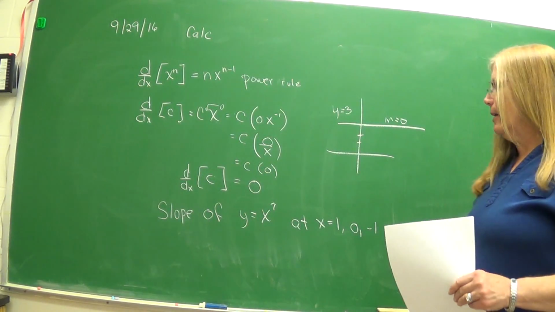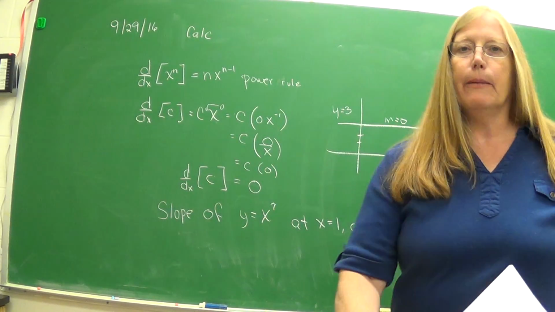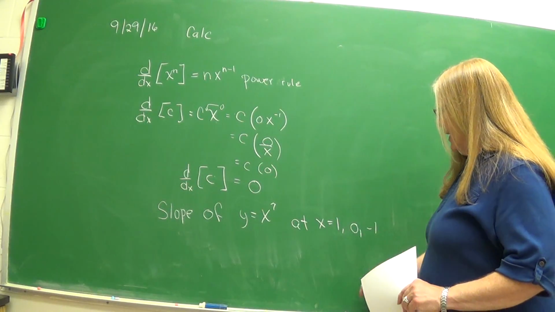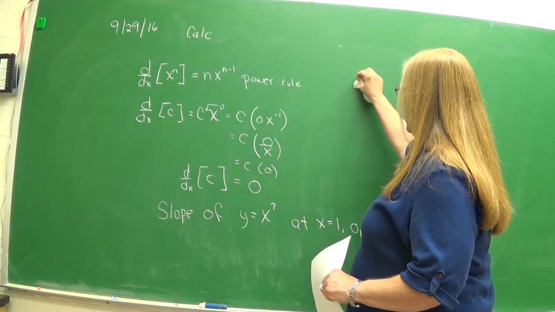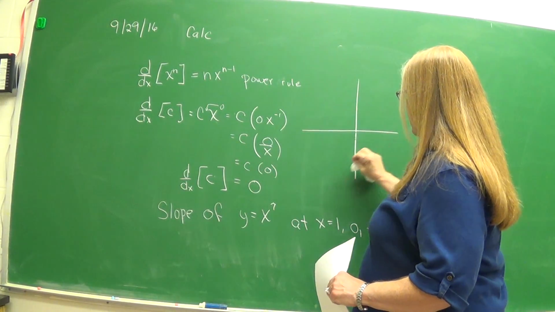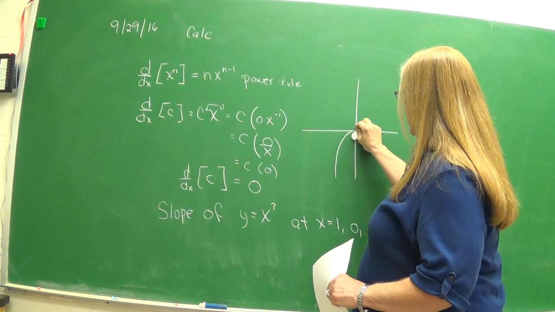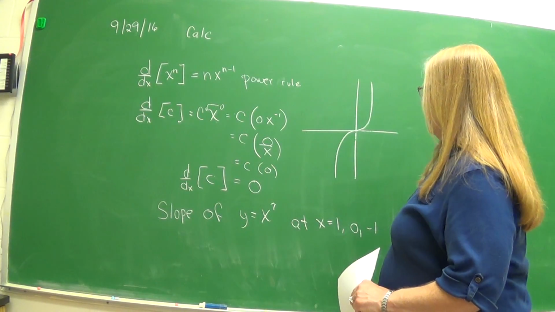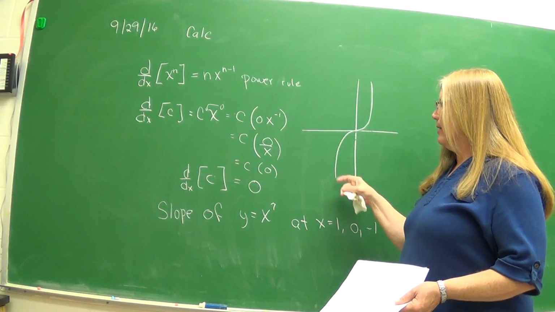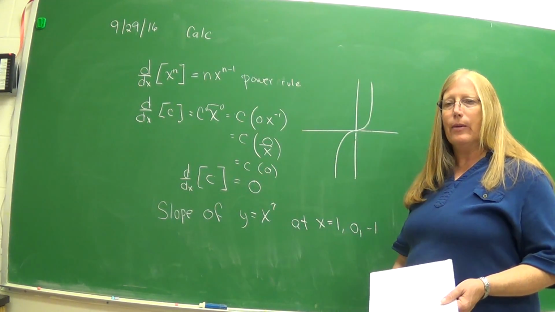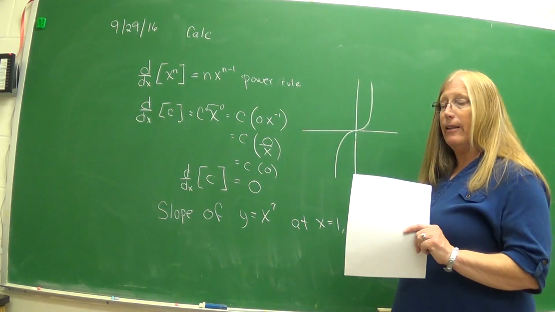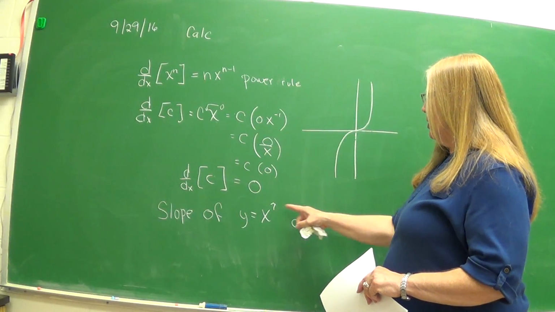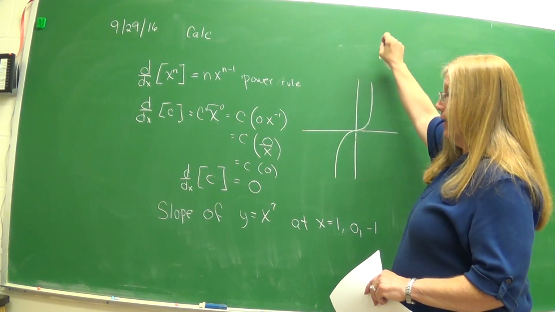Always keep in mind what the question is asking before you start throwing in formulas and patterns. Y equals x to the 7th is going to be something like y equals x to the 3rd. We learned all the odd functions act somewhat like their parent function, y equals x to the 3rd. It'd probably be a pretty thin function, because when you put in something like 2, 2 to the 7th is a very large number.